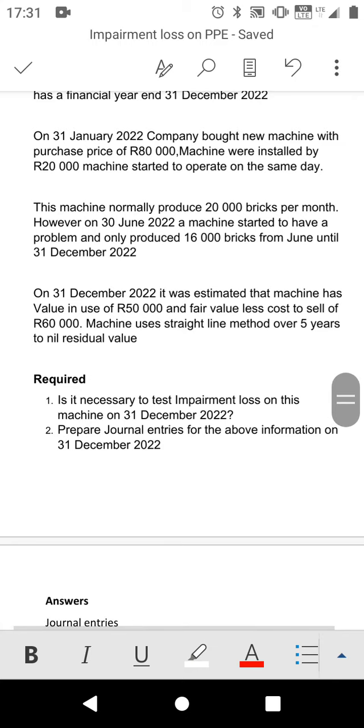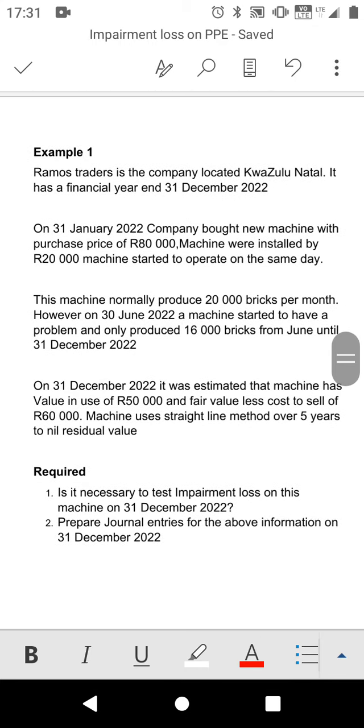Then the point number two, you firstly have to read the scenario and support your answer. Okay, Ramos Traders is the company located in KwaZulu-Natal. It has financial year end 31 December 2022. Then on 31 January 2022, the company bought machine with the purchase price of 80,000.